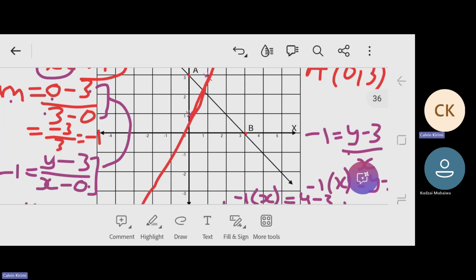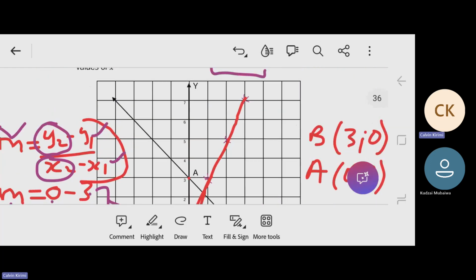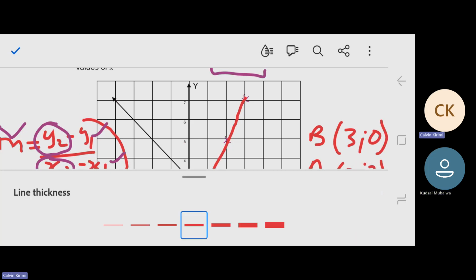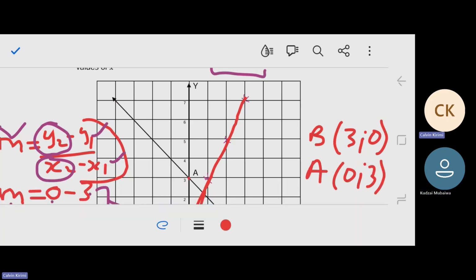And that will be your equation, y equals 2x plus 1. Then you label it. Once you are done, you must write that this is my equation, y equals 2x plus 1.